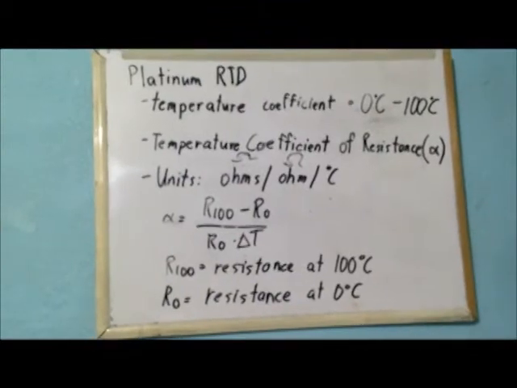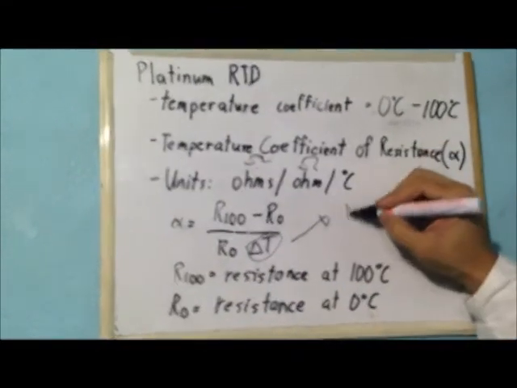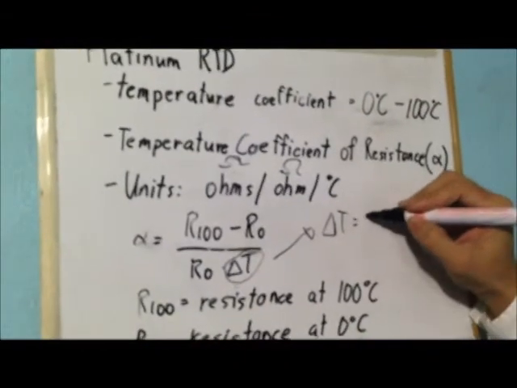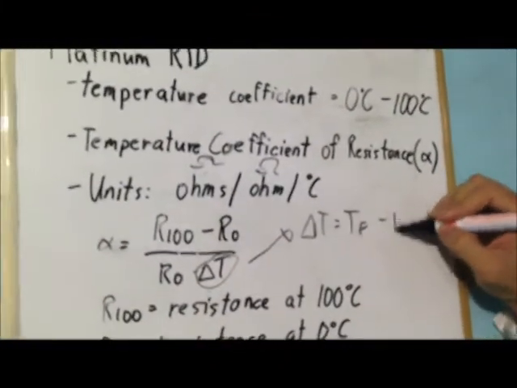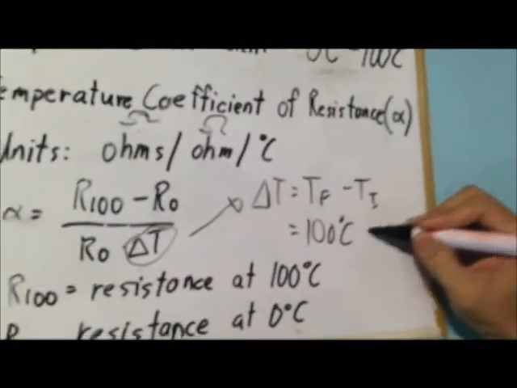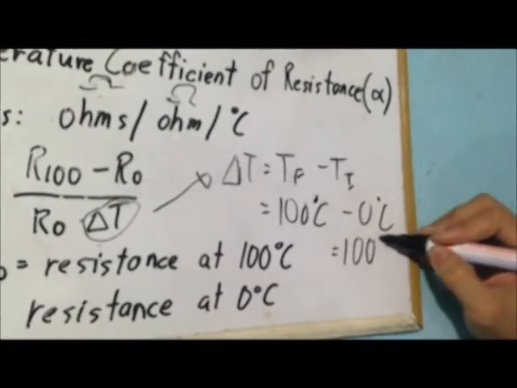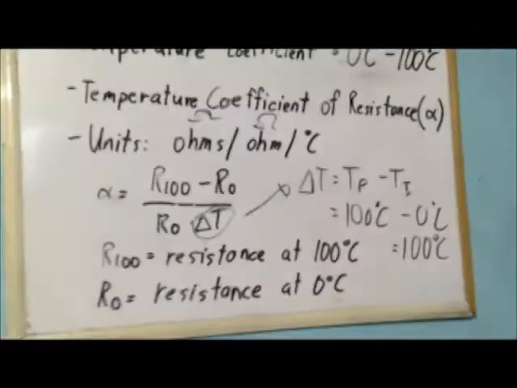And we all know that the change of temperature is equal to the final temperature minus the initial temperature. With that, we can get the change of temperature equal to 100.